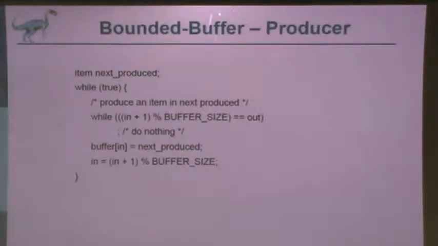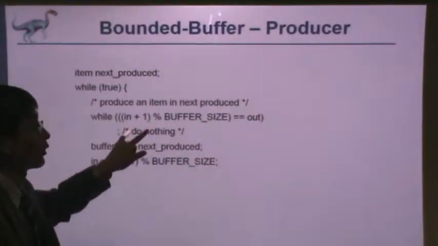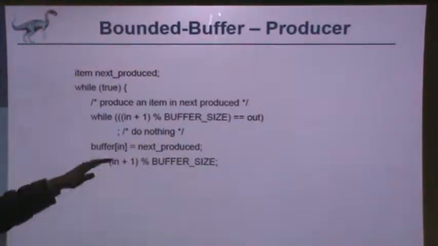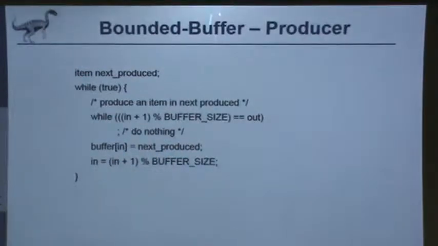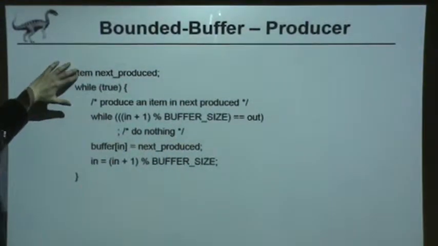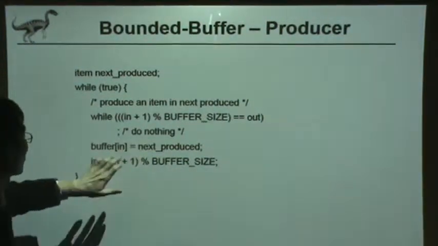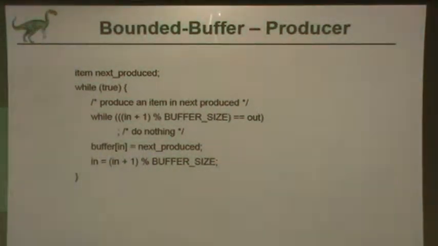Then the producer can be defined as this one, which means it runs until the buffer is full, okay? So you can put the data, the next item to produce, okay? So you can put it in the buffer, then increase it.